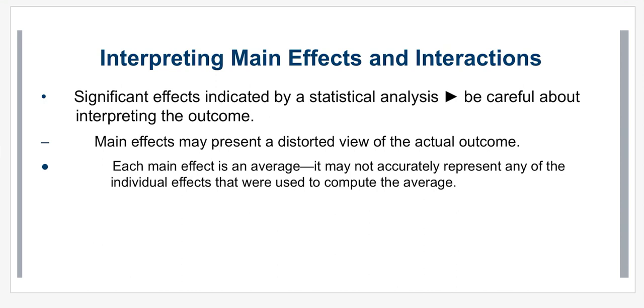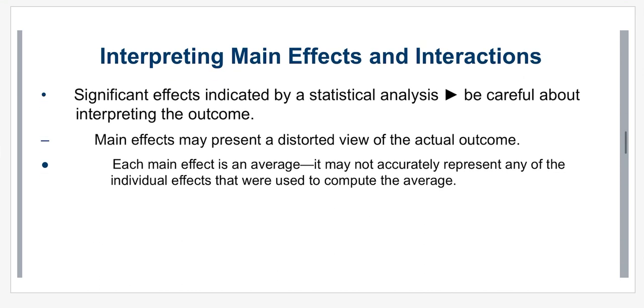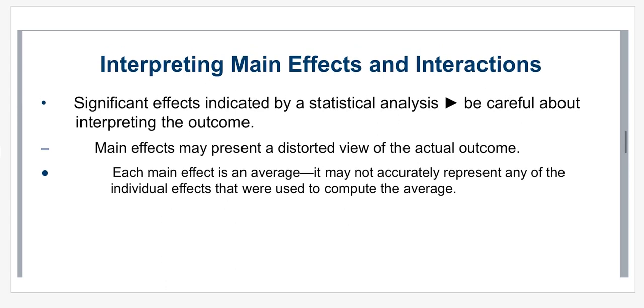So you have to be careful about interpreting differences for interactions or main effects without a statistical test. But even if you have a statistical test and it is significant, that's what this first point is saying, you still need to be careful about how you interpret the outcome. Because main effects may present a distorted view of the relationship between the actual variables.